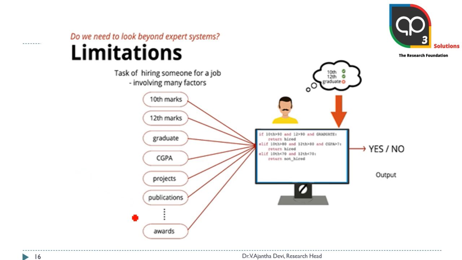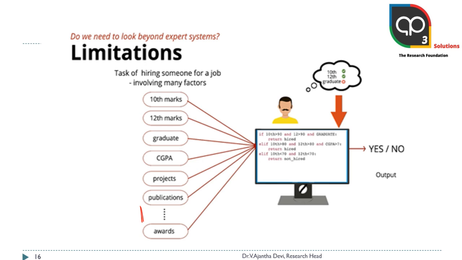But now what happens in a practical scenario, including this one where you are trying to hire a person? You are actually loading it with a lot of data, with many factors. Maybe 10th or 12th marks, graduation, CGPA, projects, and you would not base your decision on just these 4 or 5 things.